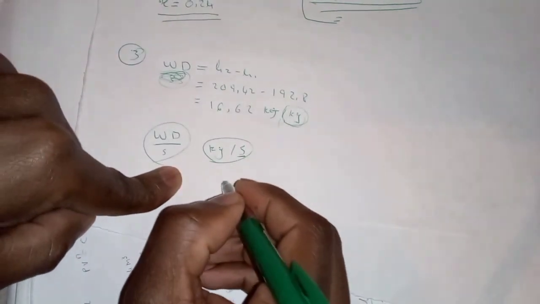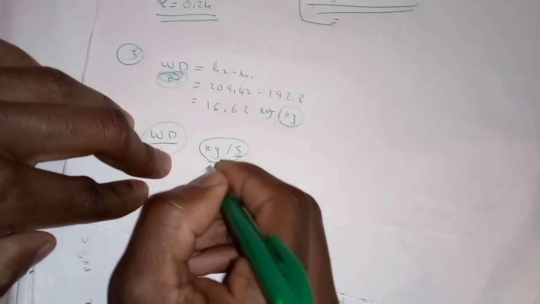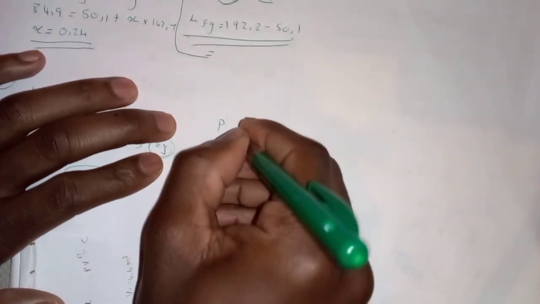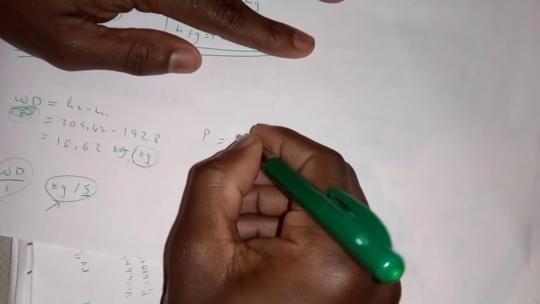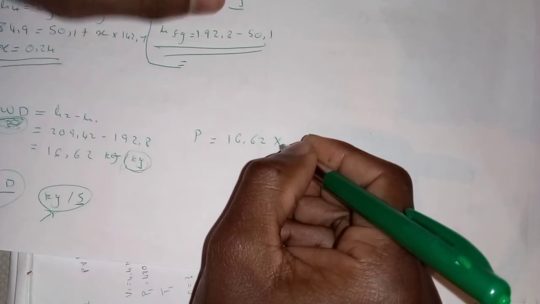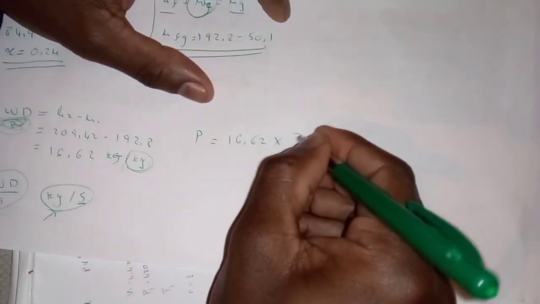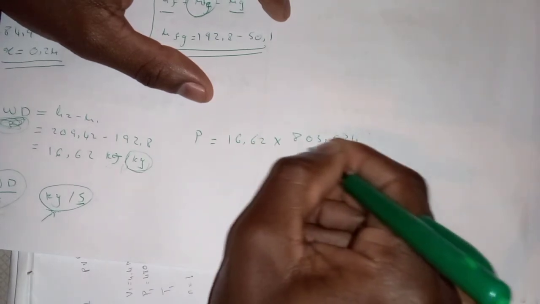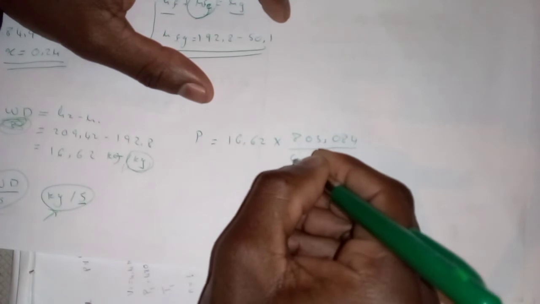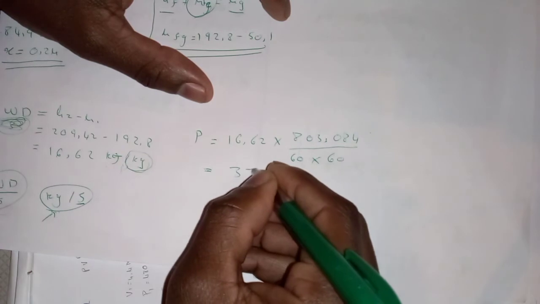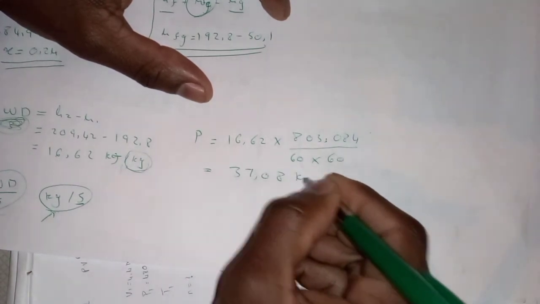Our mass is given in kg per hour, so it must be converted to this SI unit. Our power is equal to the work done, which is 16.62 times the mass that we calculated from our first question. It's 803.084. Remember, this was per hour, so we are going to convert it to seconds, which will give us a power of 3.708 kilowatts.